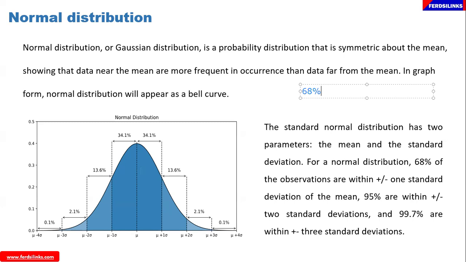So 68% of the students in that class will have their score between 9 and 11. The mean is 10, we subtract 1, the standard deviation, to have 9, the lower limit, and we add 1 to have 11, the upper limit, for the marks of 68% of the students.